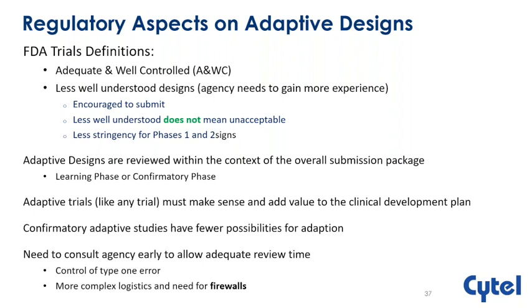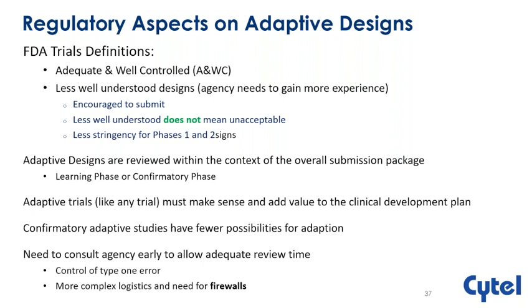The adaptive designs are reviewed by the agency in the context of the overall submission package, namely the development plan. And if they're in the learning phase, then there's more leniency with regard to type 1 error control and documentation of type 1 error control, but not in the confirmatory phase.